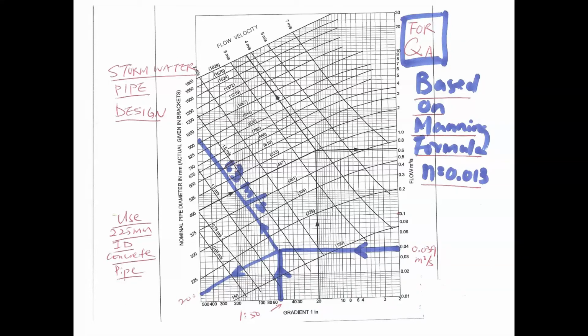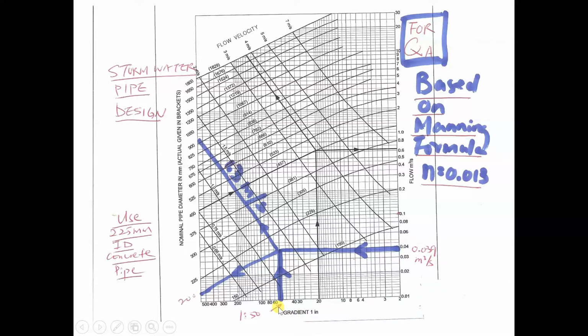So we have the flow 0.039, we get a point, and we draw a horizontal line.